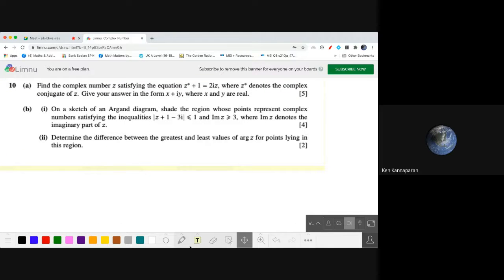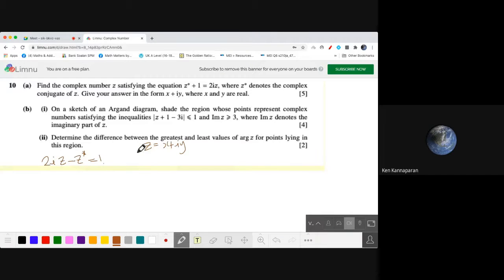First of all, I want to rearrange that to 2iz minus the conjugate of z equals to 1. z equals to x plus iy, where x is the real part of the complex number and iy is the imaginary part of the complex number.